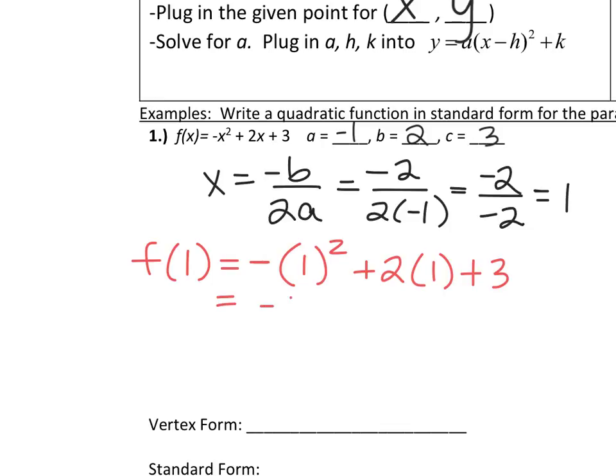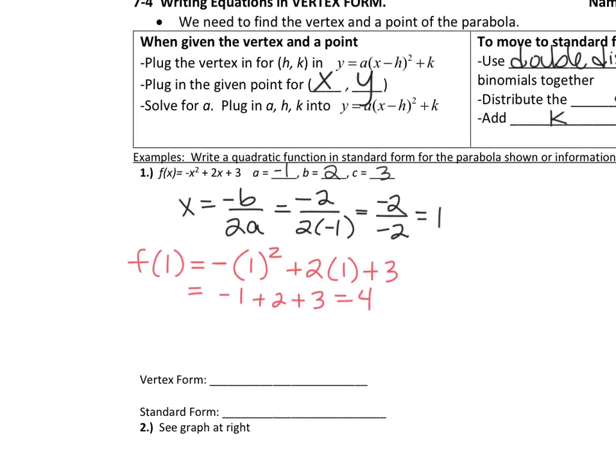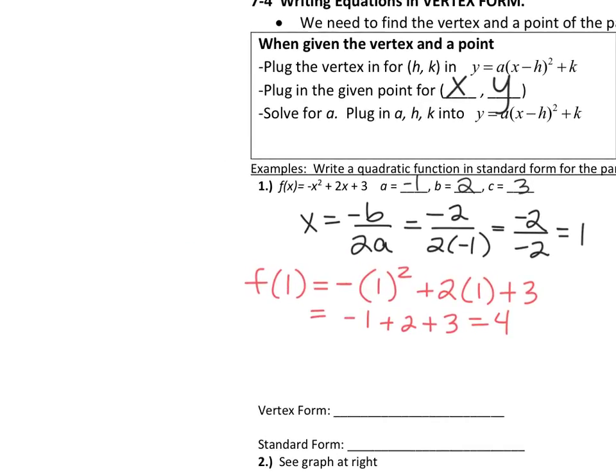So that would be -1 plus 2 plus 3. What do I get, guys? 4. Brilliant. Yay, we have a vertex. It's at 1, 4. That's nice. So that means that my h, k is 1, 4.